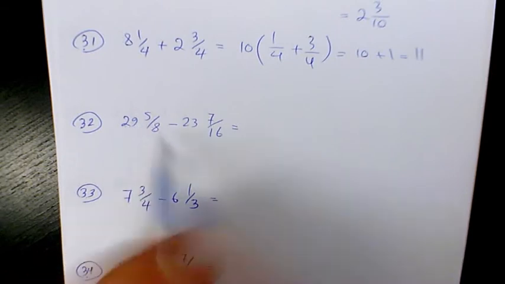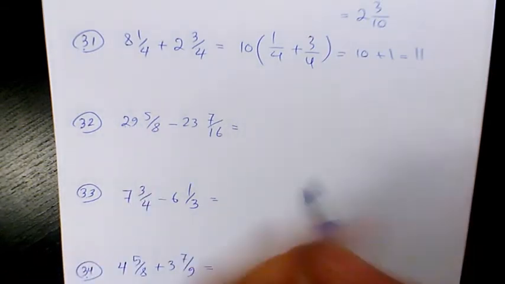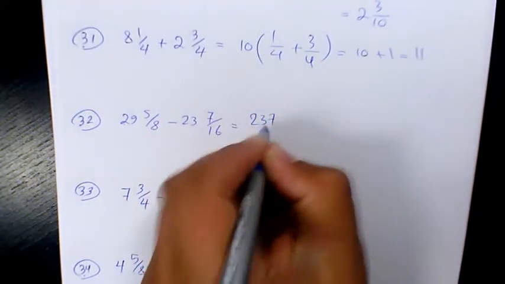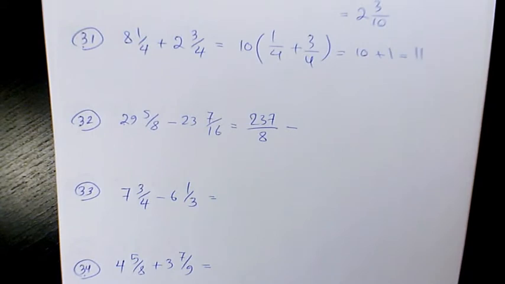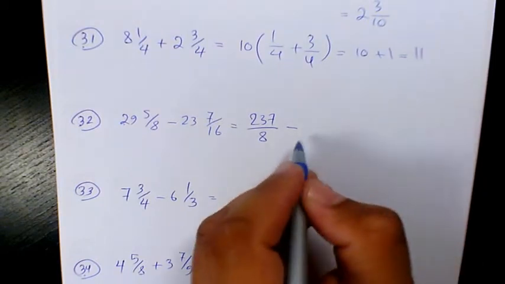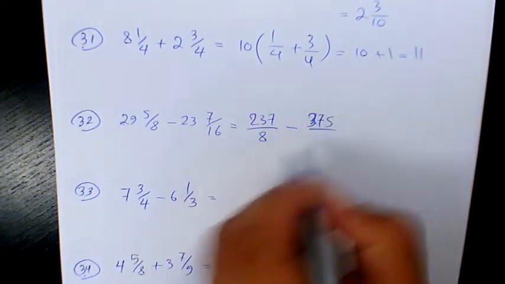Now 29 times 8 plus 5 is going to be 237 over 8, minus 23 times 16 plus 7. That's going to be 375 over 16.